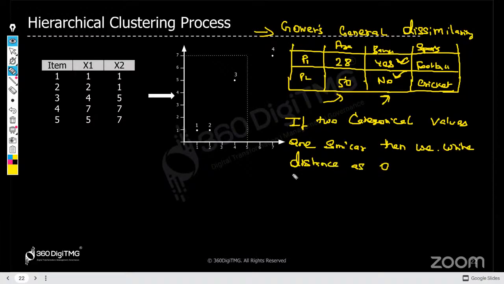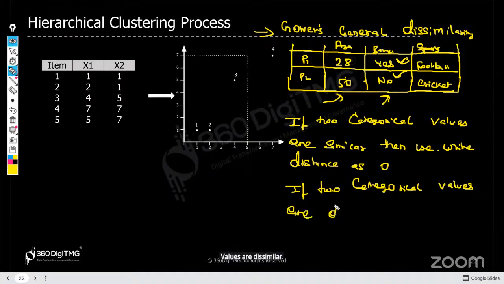If two categorical values are dissimilar, then we write the distance as 1.